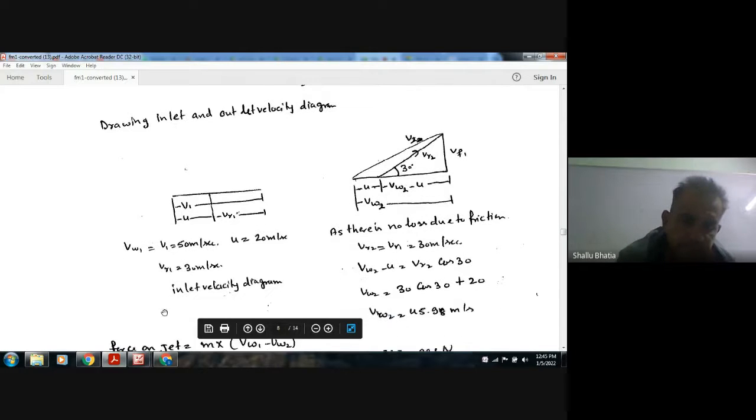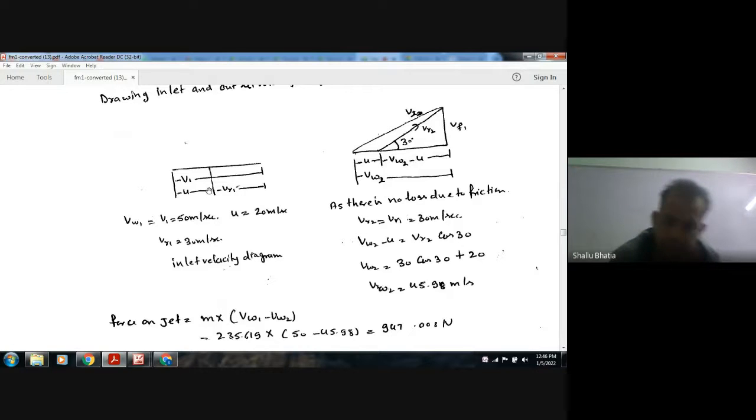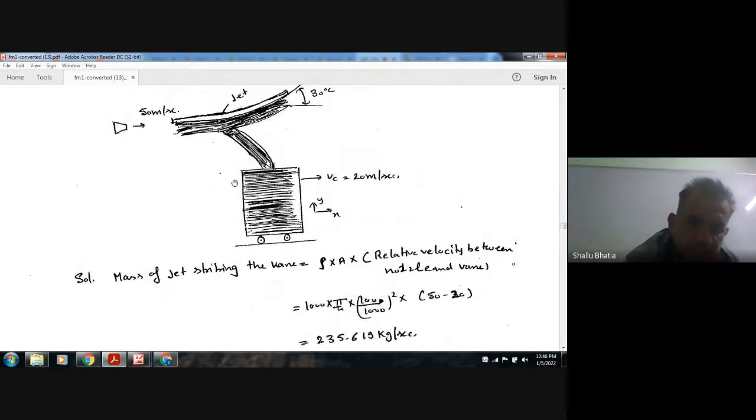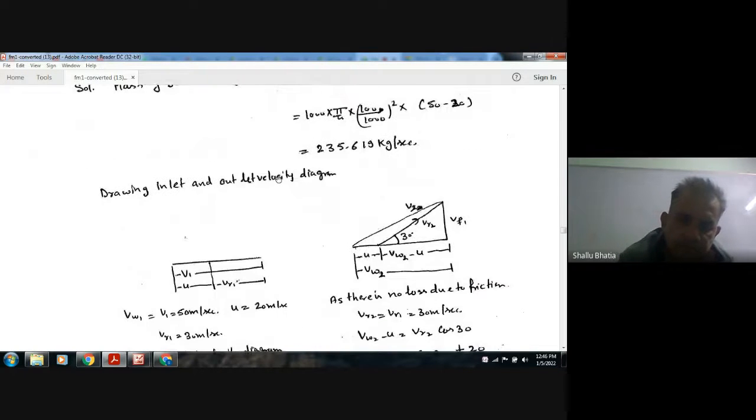So now from this diagram we have VR1 as 30 meters per second and V1 as 50 meters per second, so VW1 is V1. Finally we have to calculate VW2. As there is no loss upon striking, the relative velocity remains the same. So VR1 is equal to VR2, and VR1 is equal to V1 minus u, which is 30.